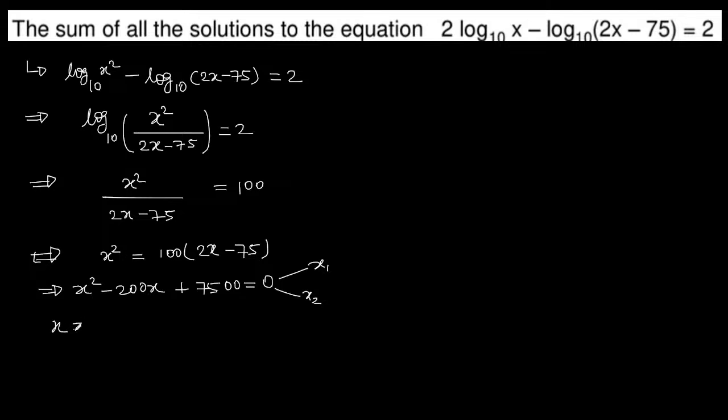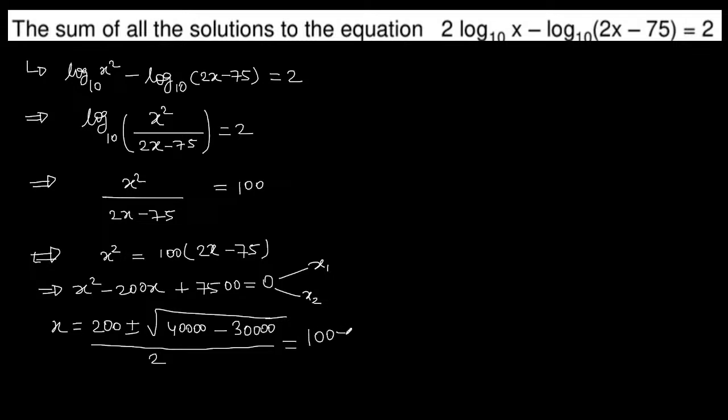Okay, I am helping you to find x equal to minus b plus minus root under b square minus 4ac. So 4ac is what? 30,000. Over 2a, we are getting 100 plus minus 50.